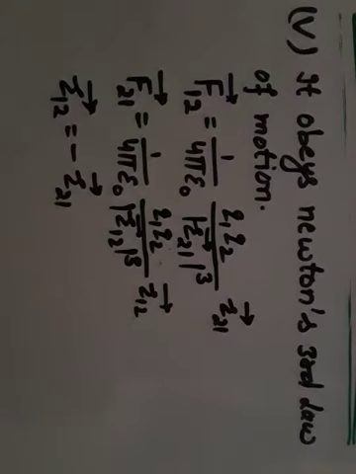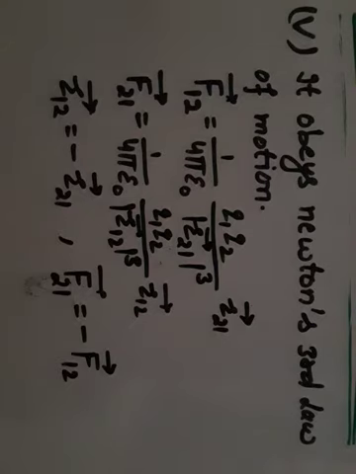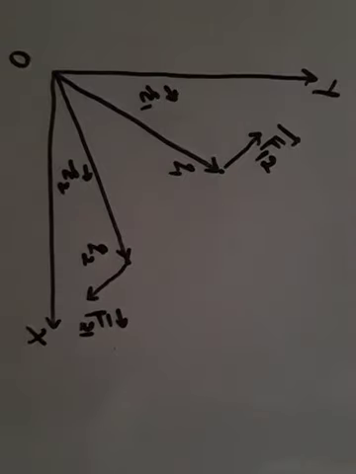So using this property, we conclude that F21 is equal to minus F12. From the figure we can clearly see that F12 is opposite to F21, and in magnitude these both forces are equal. So these forces are equal in magnitude and opposite in direction, so they obey Newton's third law of motion.